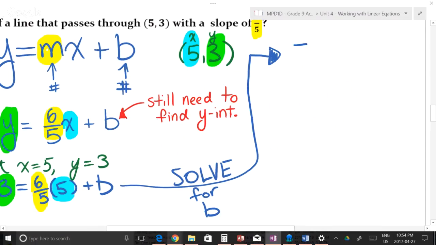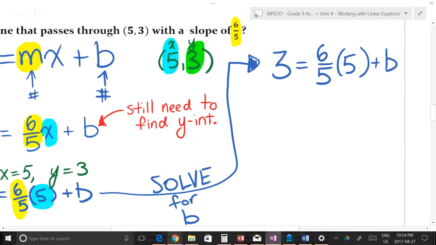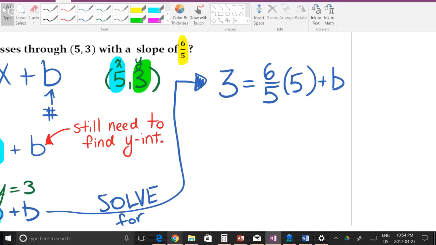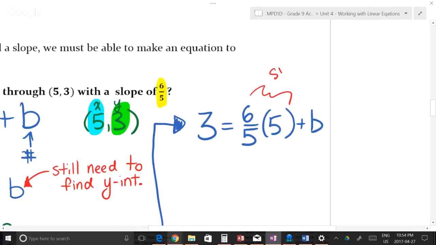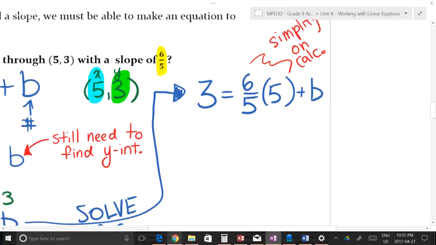3 equals 6 over 5 times 5 plus b. Now my advice would be to simplify this mess. And I would just do it on my calculator. You can, of course, do it by hand if you are feeling very algebraic.